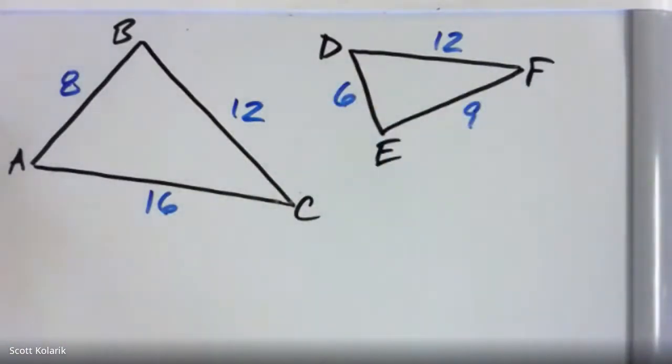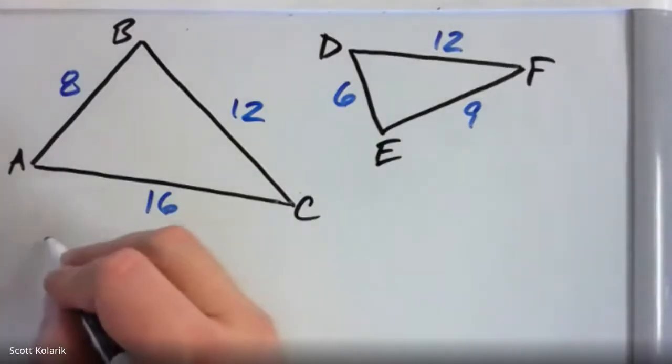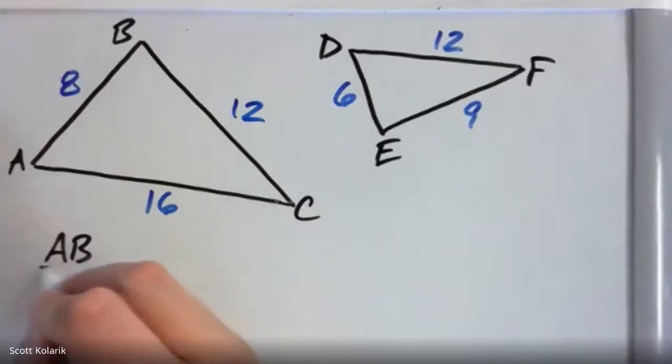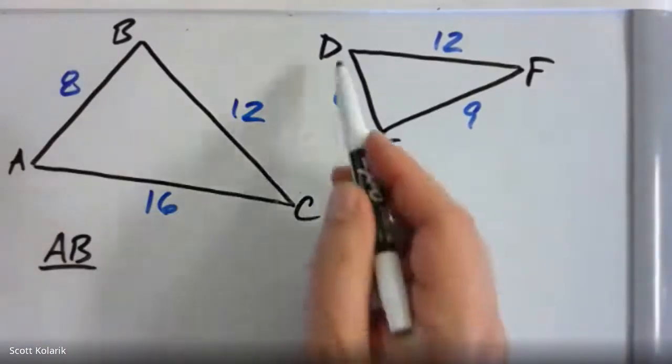Okay, so I could create the actual statement of proportionality just to write it. I'm not going to actually use this because I'm going to show you a far easier shortcut way to go about solving this. But just to write it, my statement of proportionality would be the following. It would say that side AB corresponds to DE.